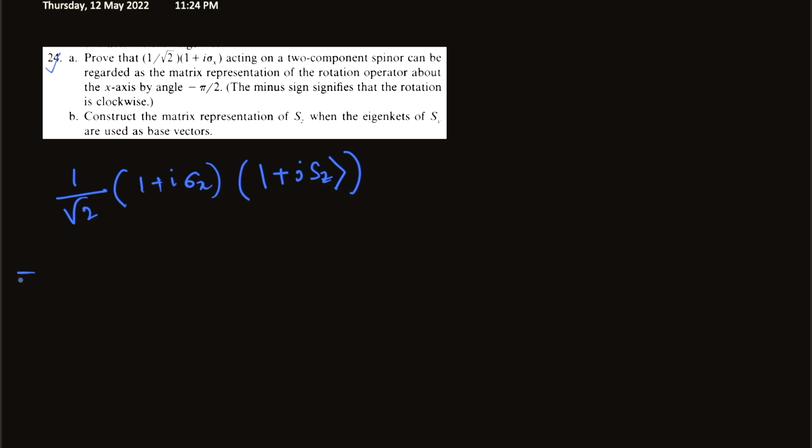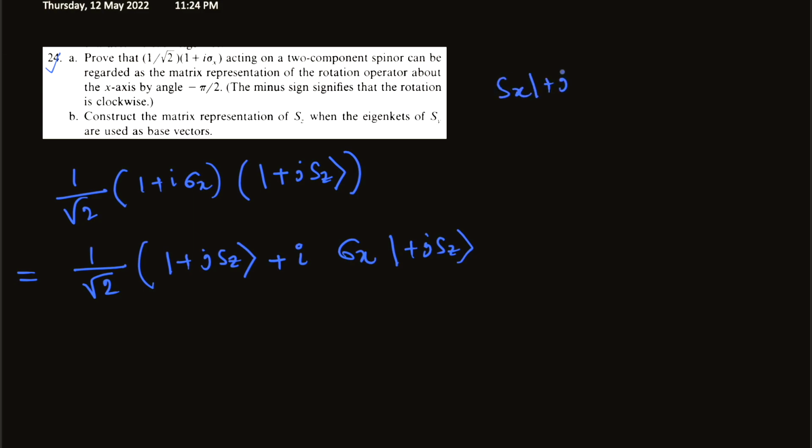What we will get? We will get 1 by root 2, first will be plus sz, second will be plus i, sigma x plus sz. As we know that sigma x, sx operating on plus sz will give h cut by 2 minus sz.